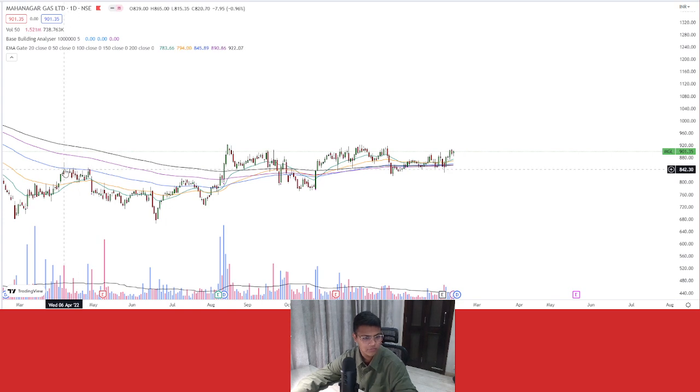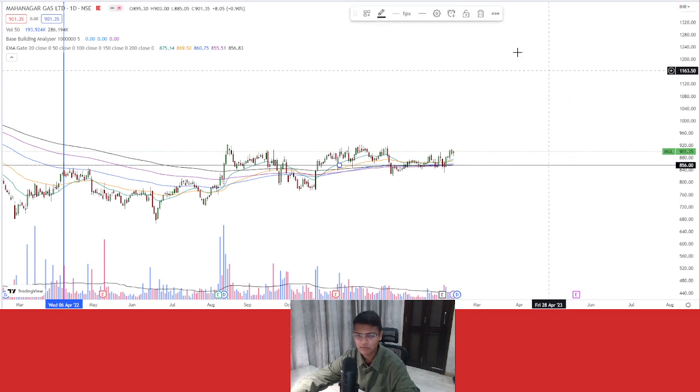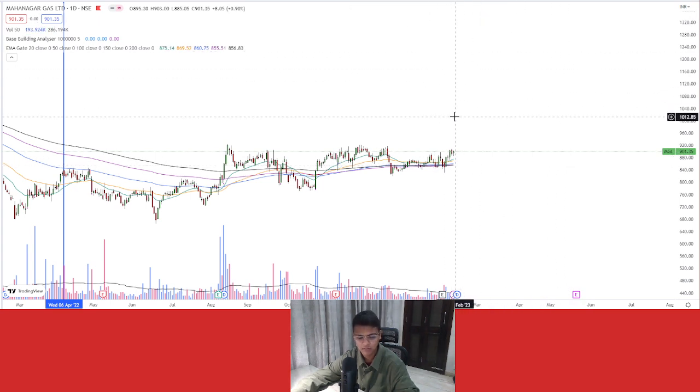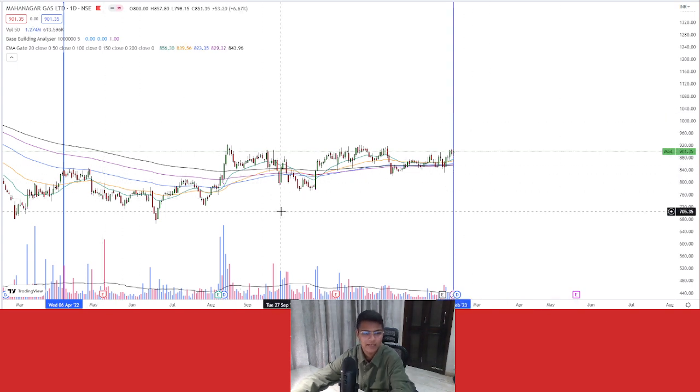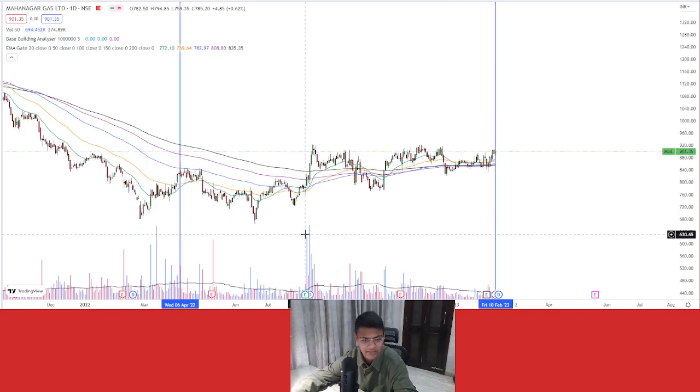I'll just mark this point. This point is my point of reference for going further into my analysis, up to the candle made on Friday 10th February 2023. So this is my horizon which I'll be looking into for planning this trade.